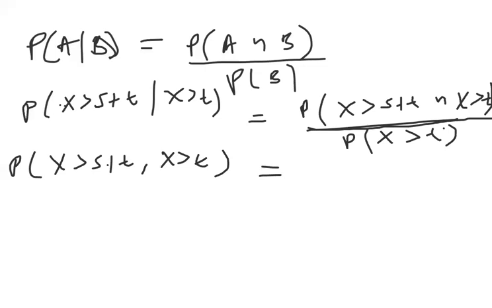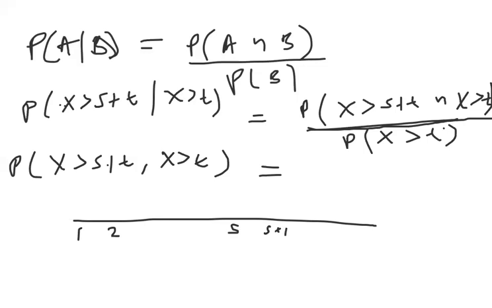This one is the same as what? Let's draw a number line. Let's say you have this number line starting from 1, 2, and we have a certain s here, and then we have s plus t.